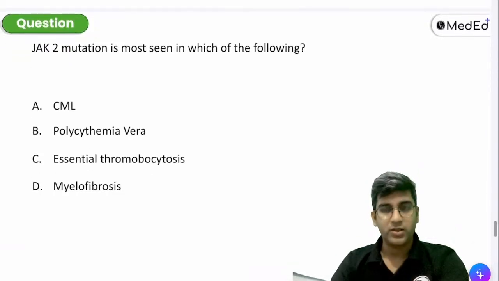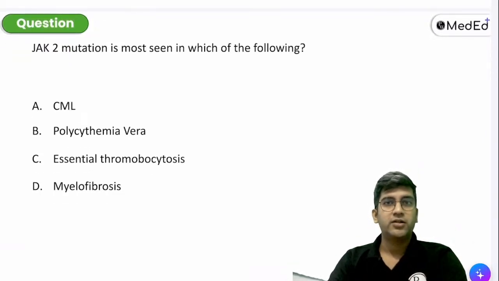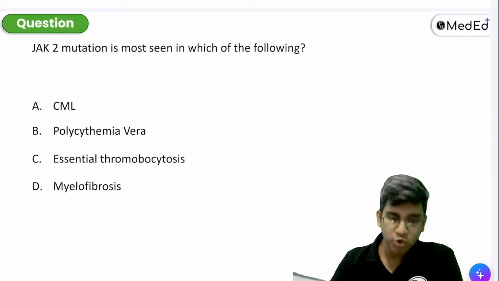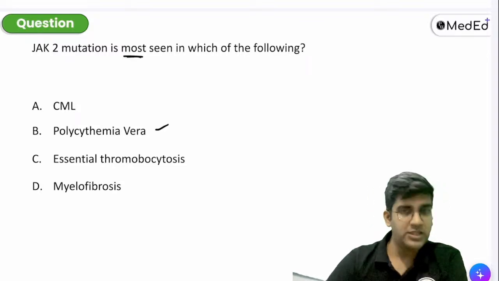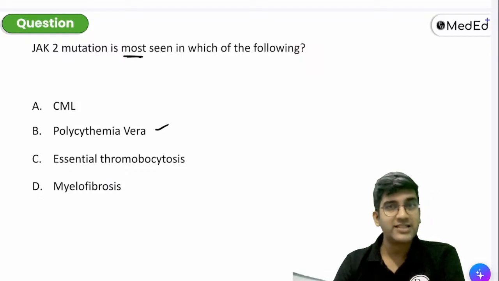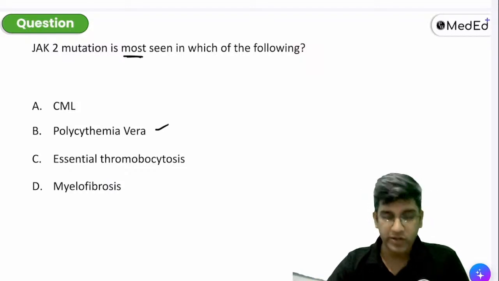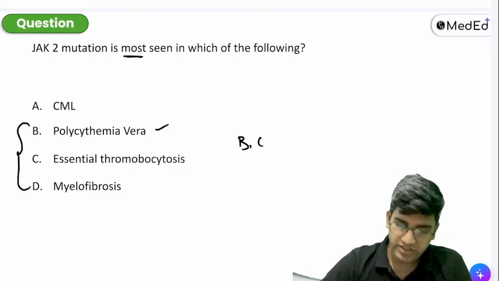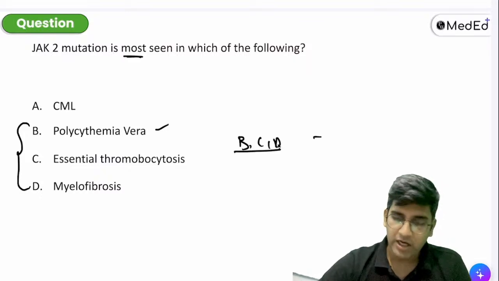Fine. Okay. This we did read in one of the explanations in the proto-oncogenes question. JAK2 is most commonly seen in which of them? JAK2 is most commonly seen in polycythemia vera. But if the question says JAK2 is seen in which of the following conditions, all these three, B, C and D, all of them are positive for JAK2.